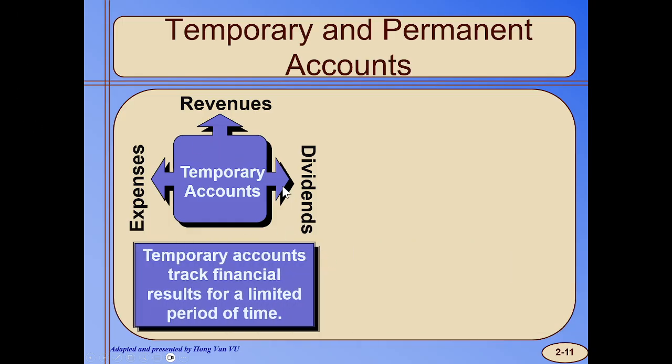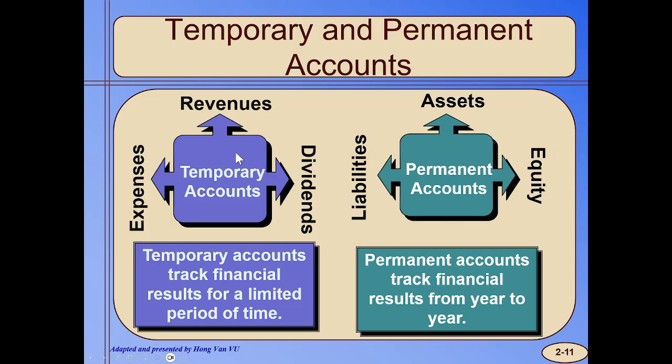So now, as we mentioned last time, the accounts that are closed, like revenues, expenses and dividends, are referred to as temporary accounts. These temporary accounts track financial results for a limited period of time of the company.